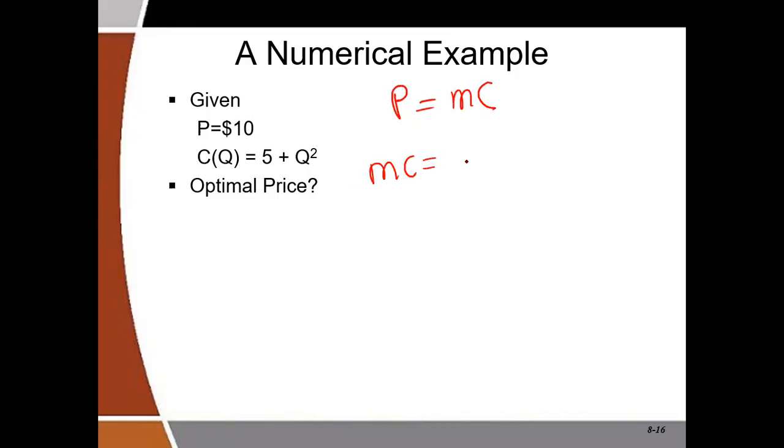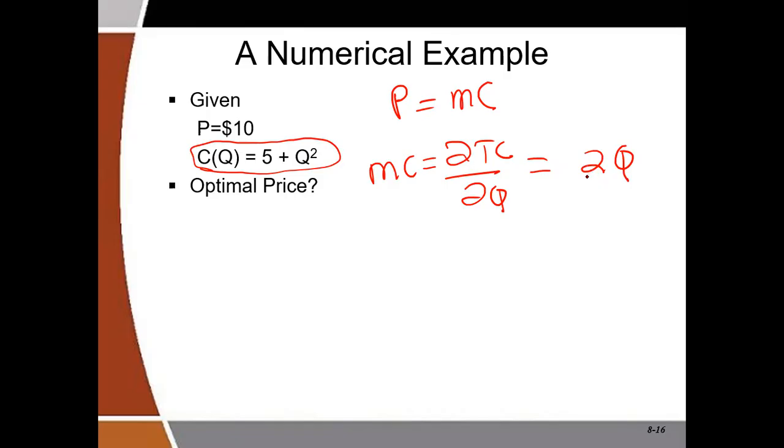Now, marginal cost is equal to change in total cost over change in quantity, that is ΔTC over ΔQ. So if you differentiate this function here, we will have 2Q. So the marginal cost is equal to 2Q.